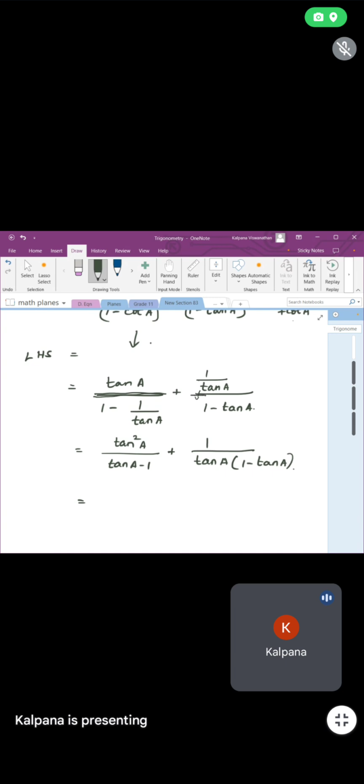But here is your main denominator, main fraction, so this means by 1. 1 minus tan A by 1. So a fraction divided by another fraction, so it is 1 by tan A into 1 minus tan A. After this, what can we do?